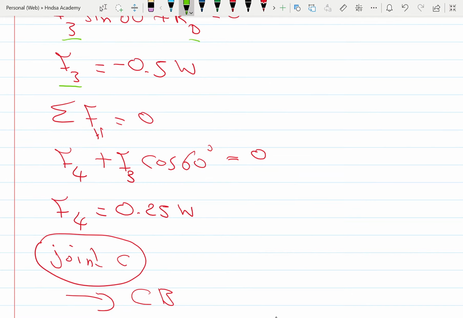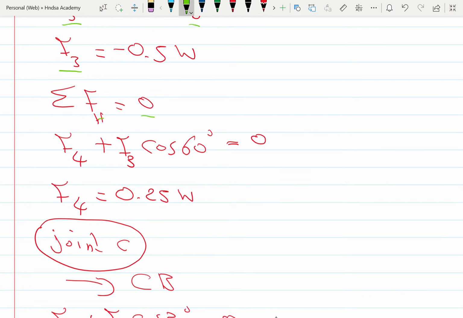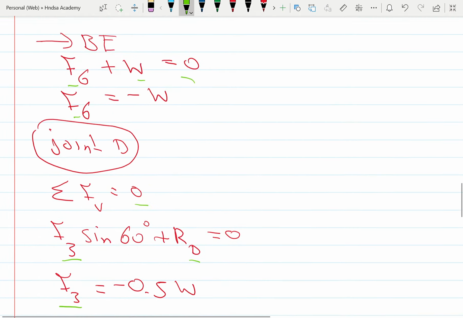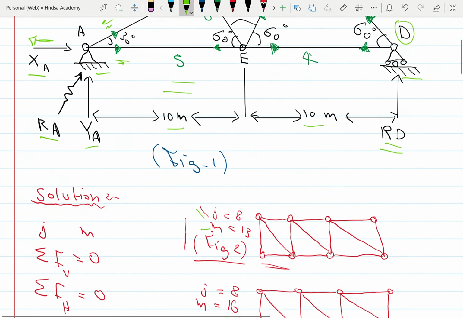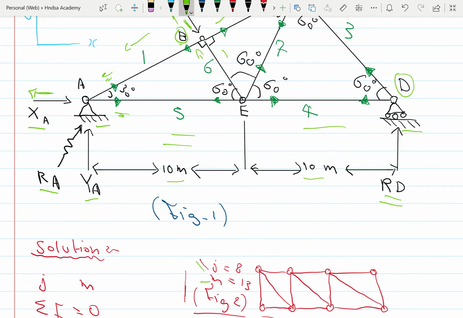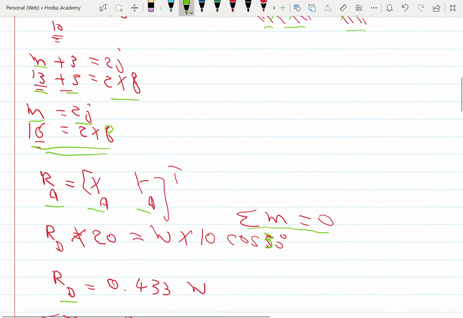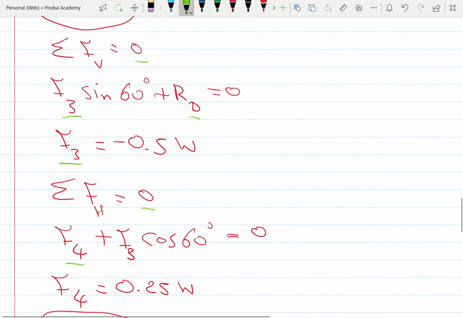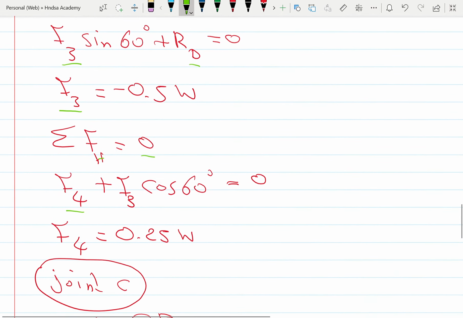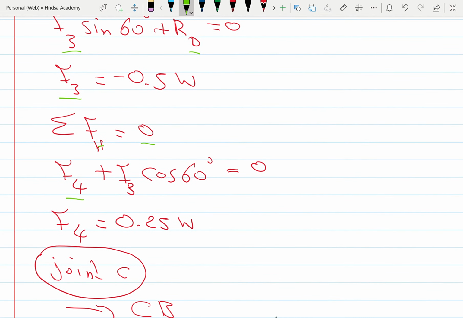Again, the sum of horizontal forces equals 0. So force 4 is already horizontal, so we don't need to find the component. We are talking about the horizontal now, in member 4, in joint D. So F4 plus F3 cosine theta, which is the horizontal component of member 3, equals 0.